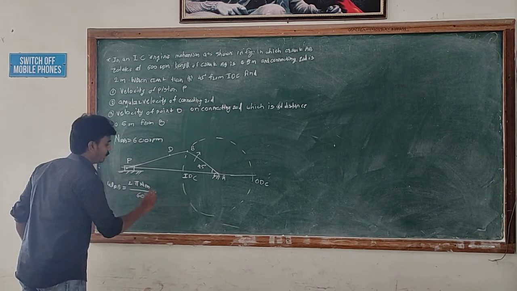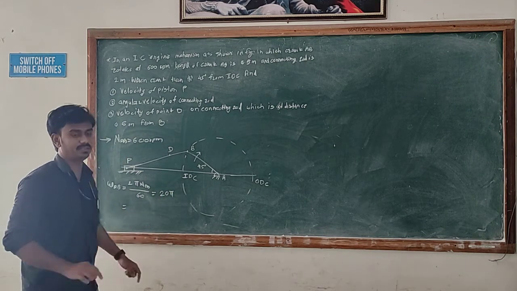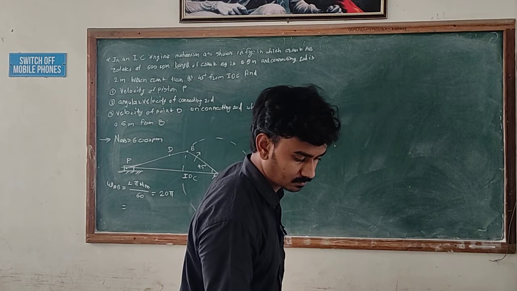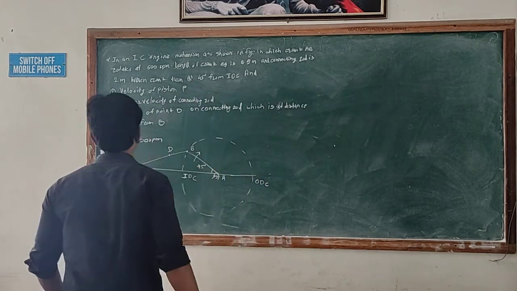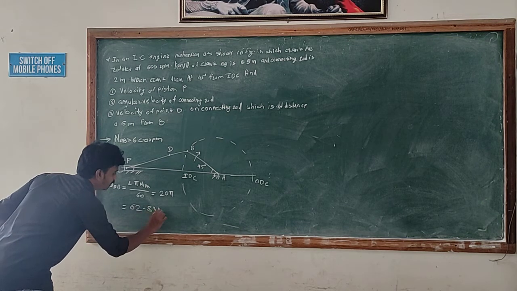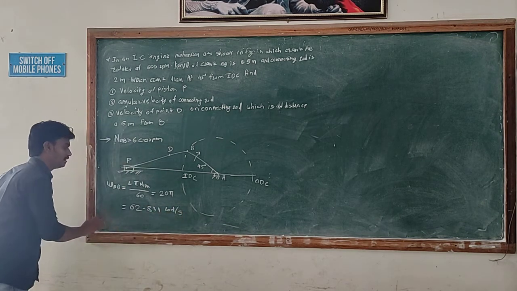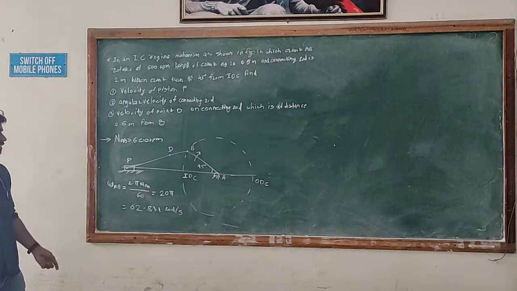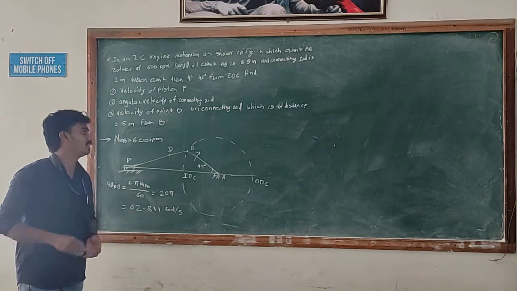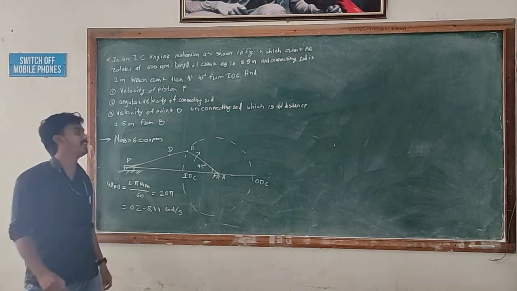If we solve it, we will get 20 pi, and its value is 62.831 radian per second.